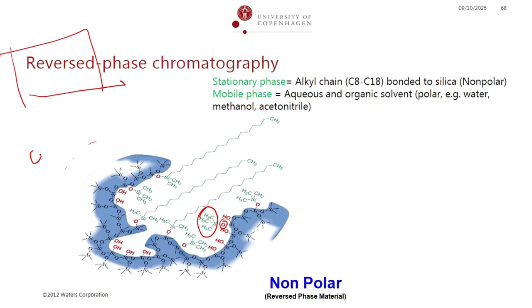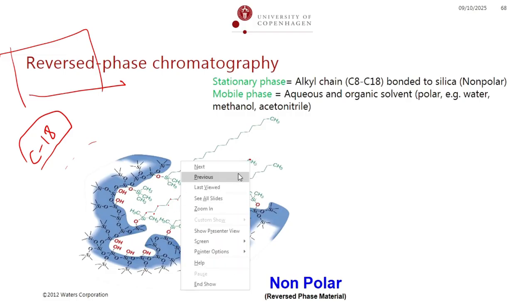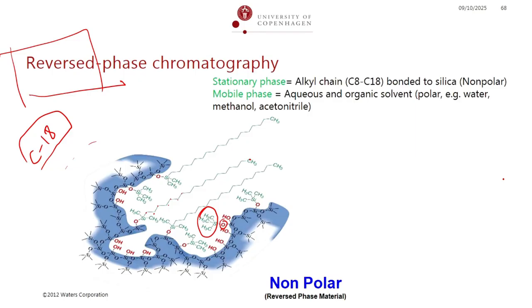Have you heard about the C18 column? You often hear about the C18 reverse phase column. It's nothing but the total number of carbons is 18. You can count them: 1, 2, 3, up to 18. So this is C18. That gives the column its non-polar nature.